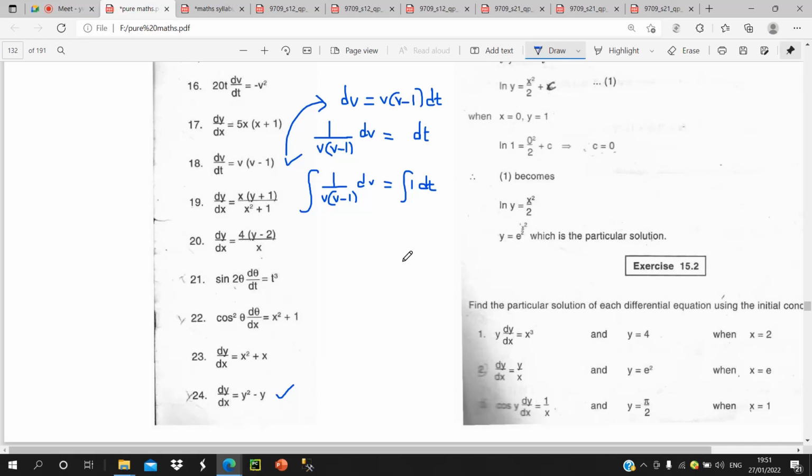I think first you're supposed to expand the terms on the denominator, like having 1 over v squared minus v.